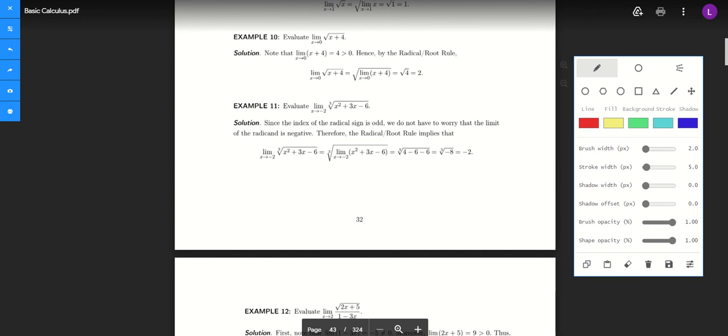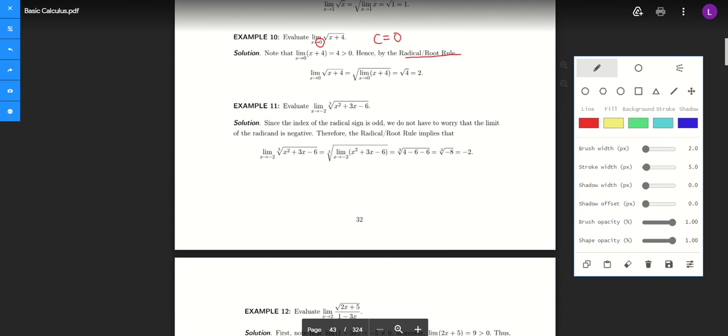So how about the square root of x plus 4, if that's our function, and our c would become 0. So we're asked to find the limit of square root of x plus 4 as x approaches 0. So our c here is 0 and our function is radical. So probably you'll be using the radical or root rule for this one.